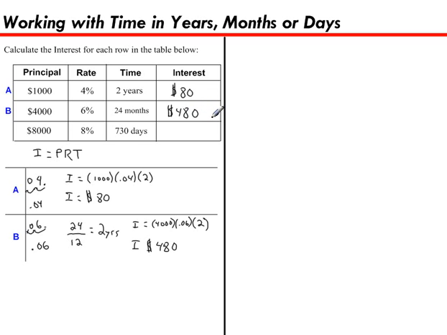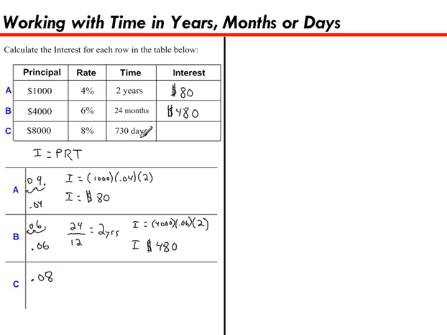Okay, let's move on to C. In C, I've been given a time that's in days, so let's convert that into years now. First, I'll convert my 8% into decimal using the same steps I showed you in A and B, and I get 0.08.